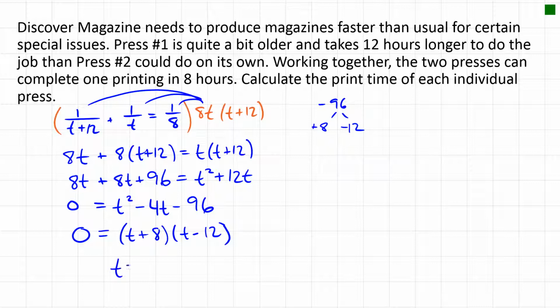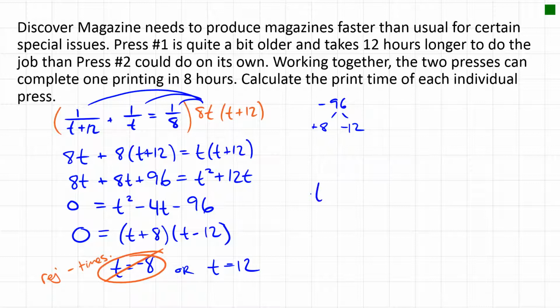So the time for press 2 to complete is either negative 8 or positive 12. As usual, we're going to reject negative times. Negative solutions don't make a lot of sense in these sorts of problems. Sometimes they will, but most of the time they don't.